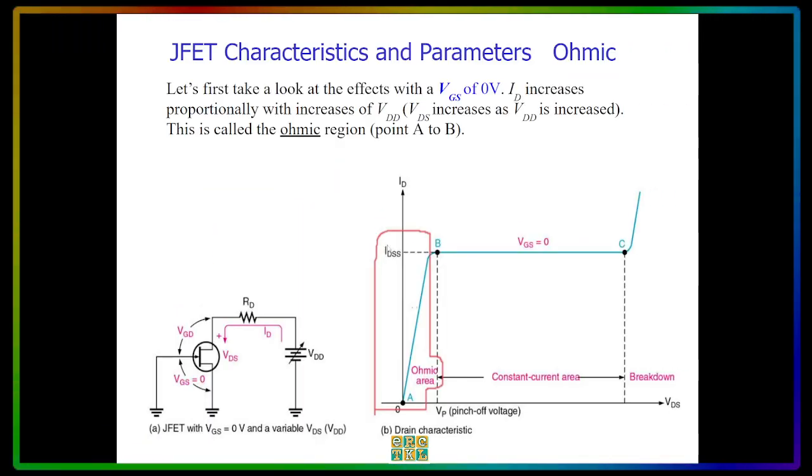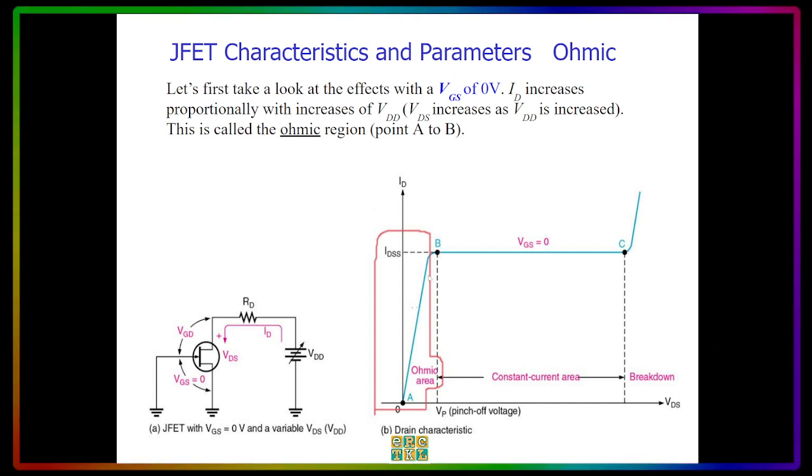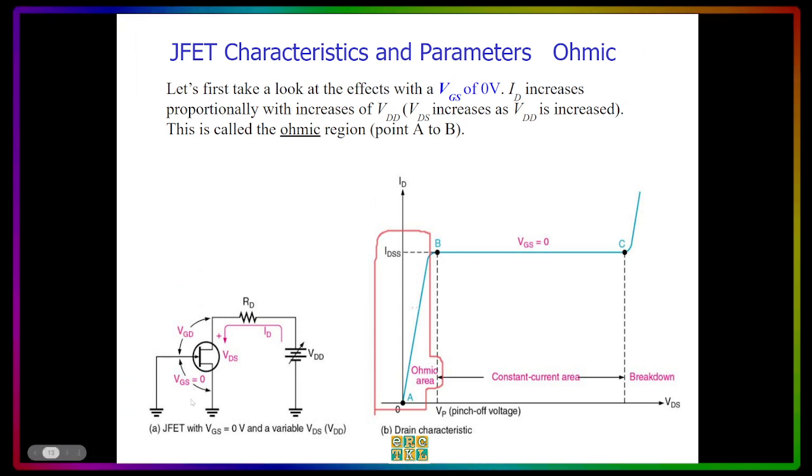So for the JFET characteristics and parameters, we have what we call the ohmic region. When we say ohmic region, this is from point A to point B. If you look at the effects when the VGS is 0, so there's no VGS here, then the ID increases proportionally with increases of VDD.